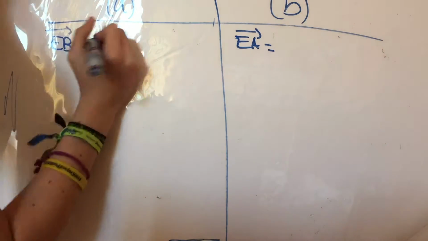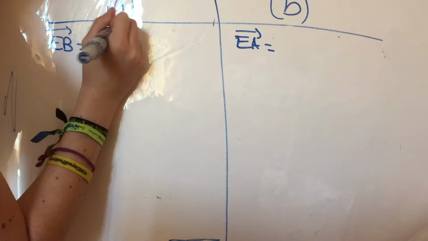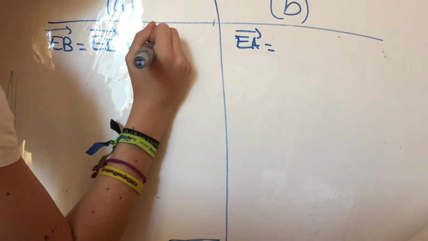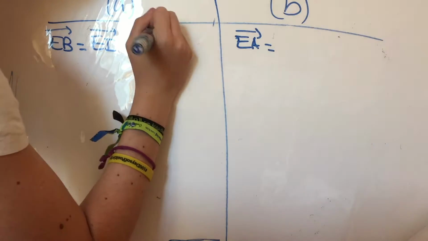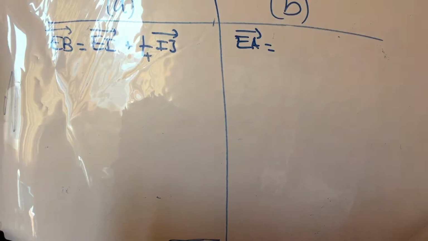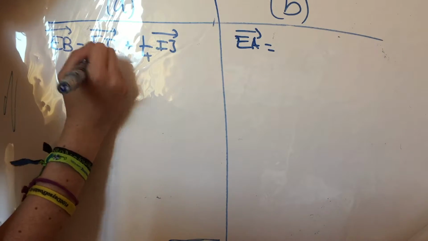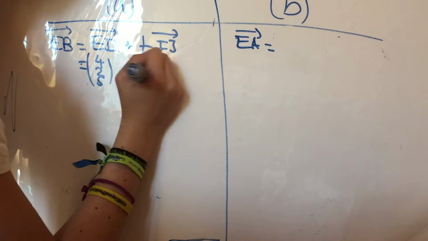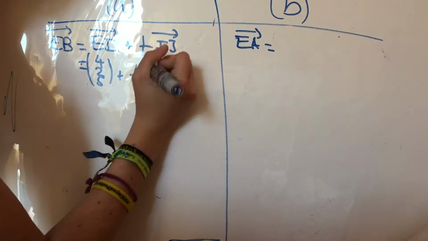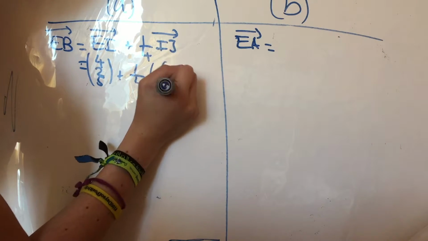So for EB, we know it's equal to vector EI plus 1/4 of vector IJ. Now it's very simple what we're going to do. We're only going to replace. So we know that vector EI is equal to (4, 2, 5) plus 1/4 of vector IJ, which is equal to (6, -12, 0).